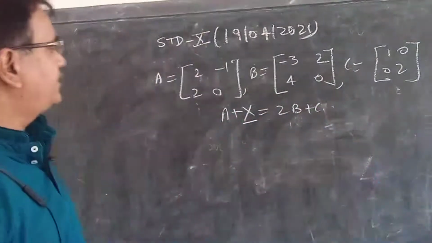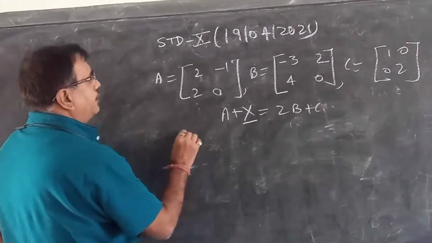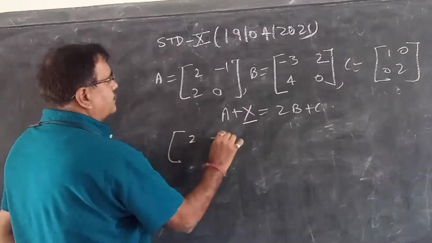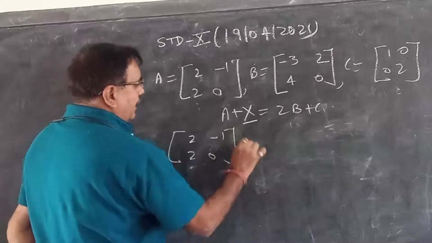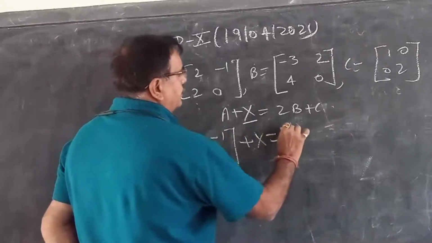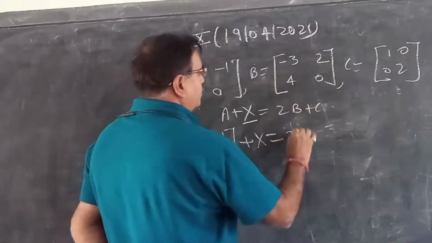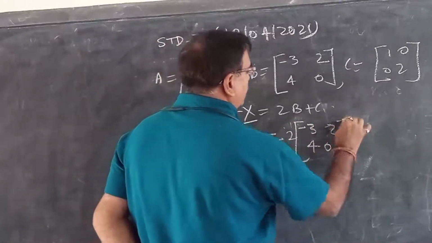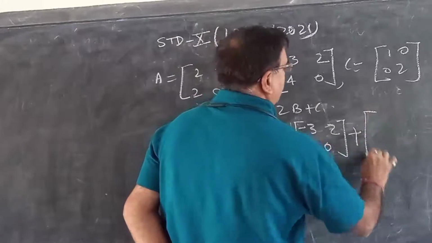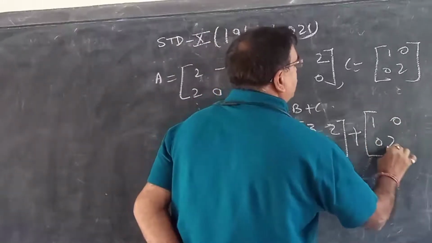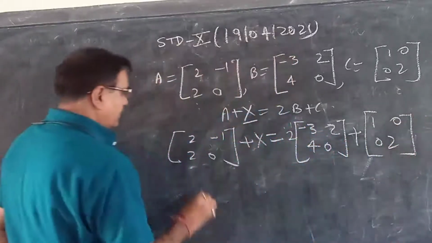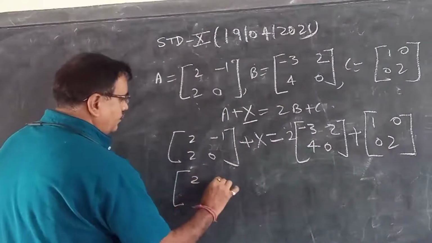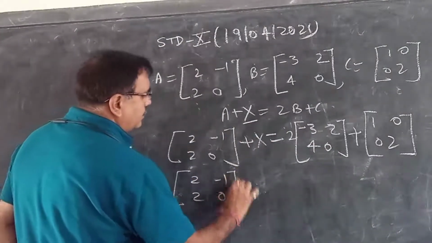How will we find it? See, A is 2, minus 1, 2, 0, plus X. We have to find 2B, so 2 into minus 3, 2, 4, 0 plus C, 1, 0, 0, 2.